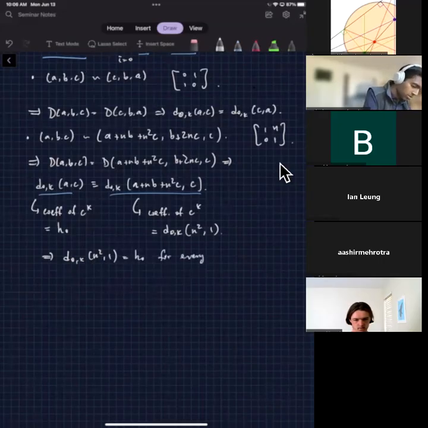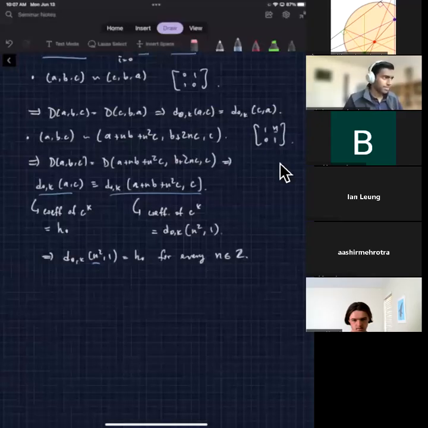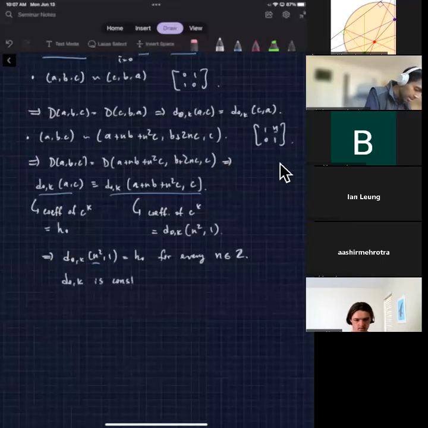And this is true for every integer n. The integer n that we chose could be anything, and so we had this equality for every choice of n. What does that tell you? It tells you that d naught k is constant in the first variable.